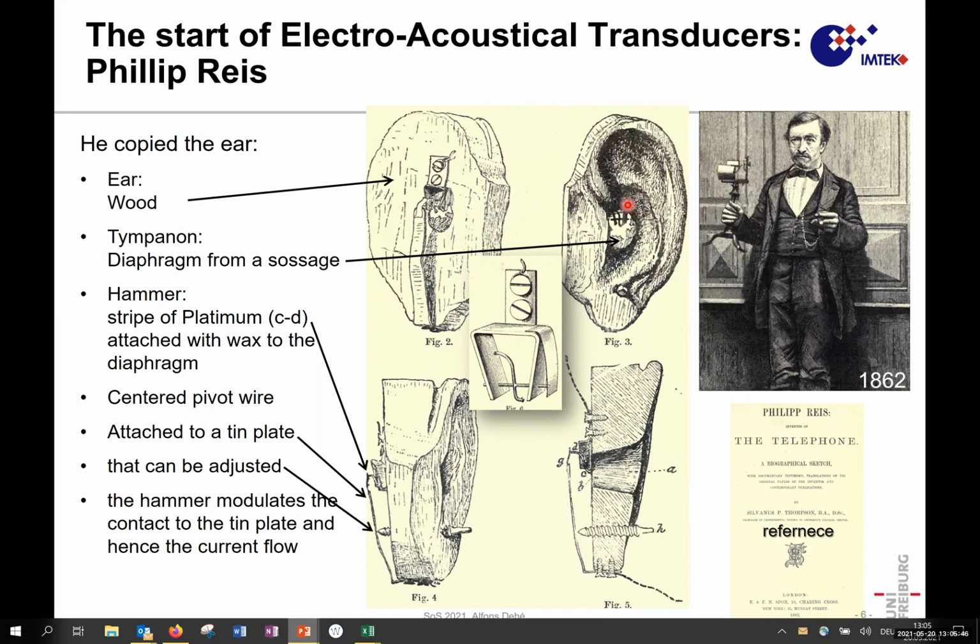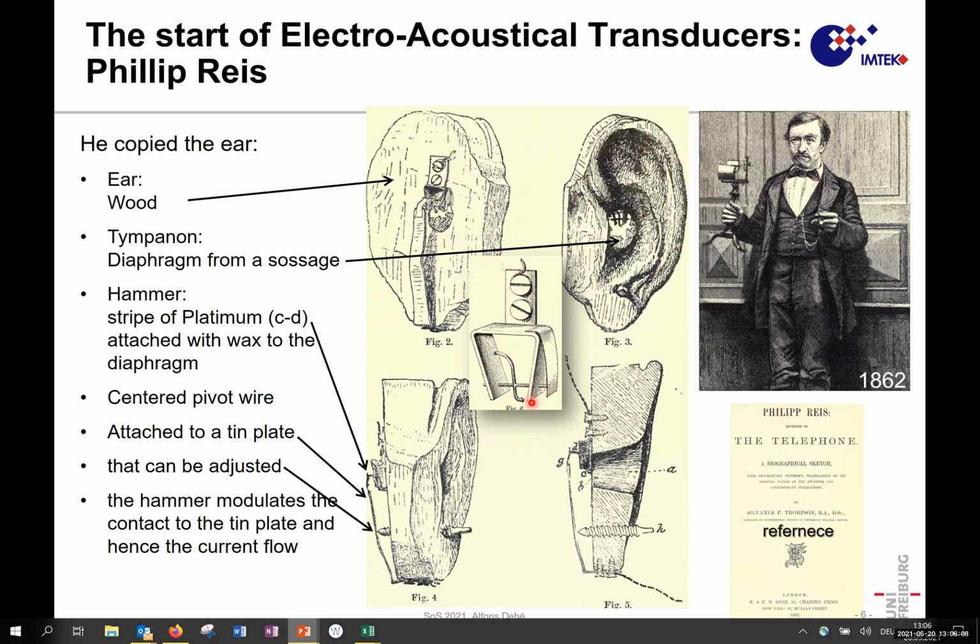He's missing the ear tube, and trying to modulate the sound from there. And this diaphragm is connected to a hammer, kind of a device, which is this movable joint here, anchored on a pivot, and it is screwed behind the ear.